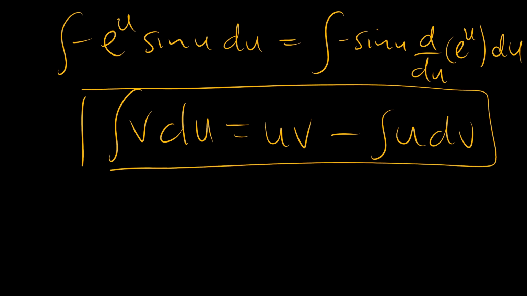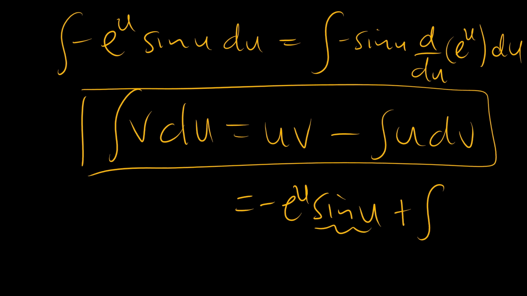If we consider negative sine u as v, then our uv would be negative e to the u sine u plus the derivative of sine u, negative, it becomes negative cosine u, so we have e to the u cosine of u.